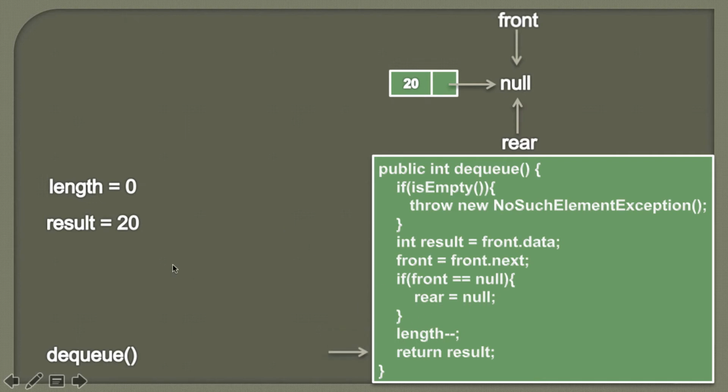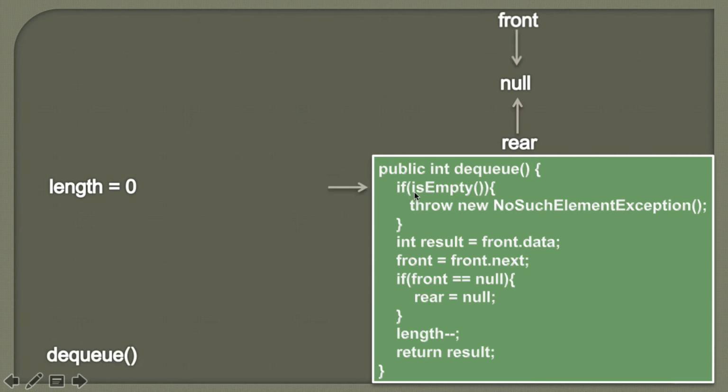In the final step, we'll simply return the value 20. So friends, once this method gets executed, this node gets freed up. And as we know that now front and rear are both pointing to null, therefore the list is empty and length is 0.